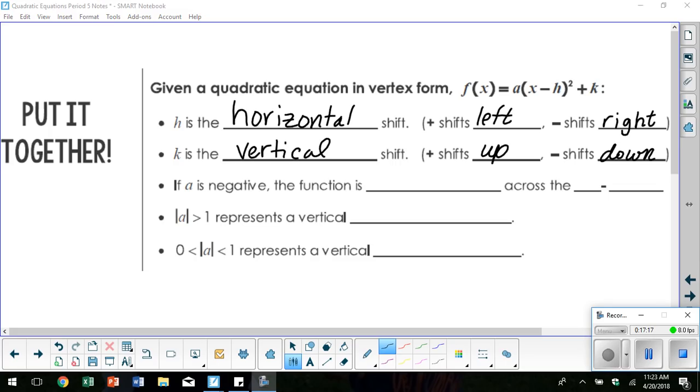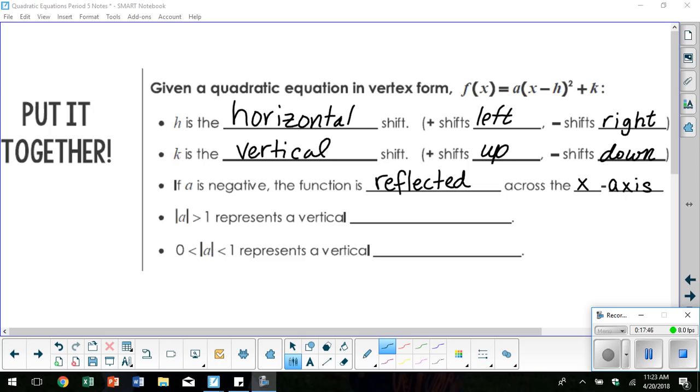So if A is negative, the function is reflected. And then with A, the absolute value of A greater than 1, and then if A is between 0 and 1, these are something you need to actually pay attention to.